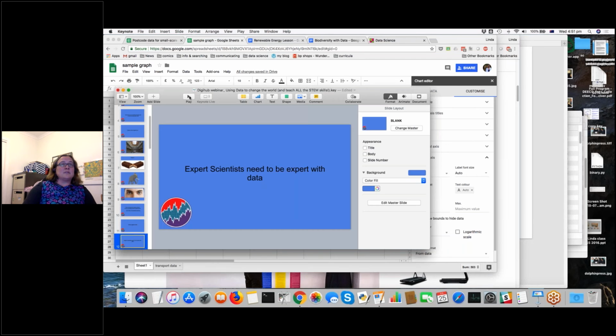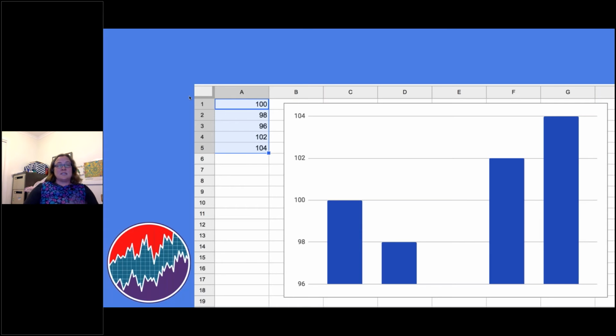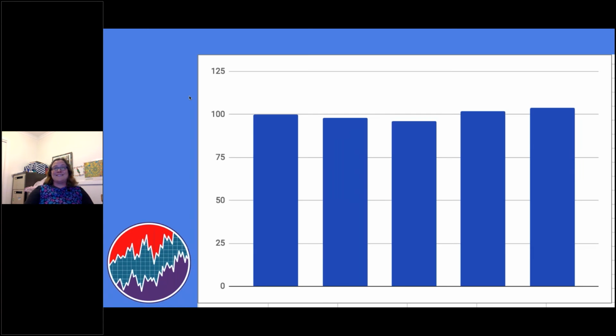So if we go back to the presentation, you can see there that this was the data set that I put in, and the default graph versus a valid graph is really dramatic. Now, that is not Google Sheets trying to deceive you or manipulate you. It makes sense to use the range of the data as the y-axis for the graph in a lot of cases.